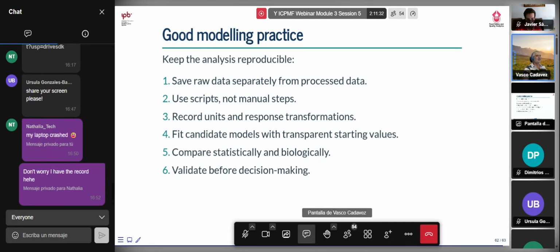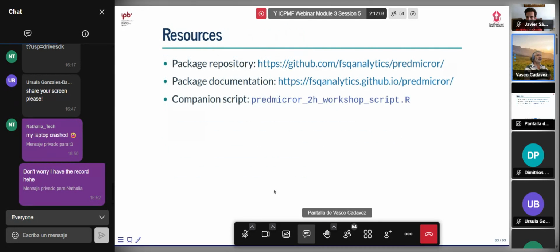Use scripts, not manual steps. Record units, response transformations, put everything in your script, fit the candidate models with transparent starting values, and compare statistically and biologically. You need to compare the models because the parameters can have different meanings, okay? Statistical and biological. So evaluate before you use this model for decision making.